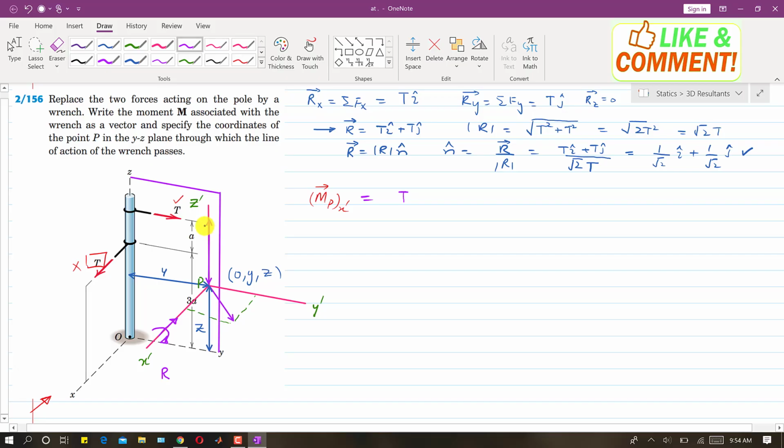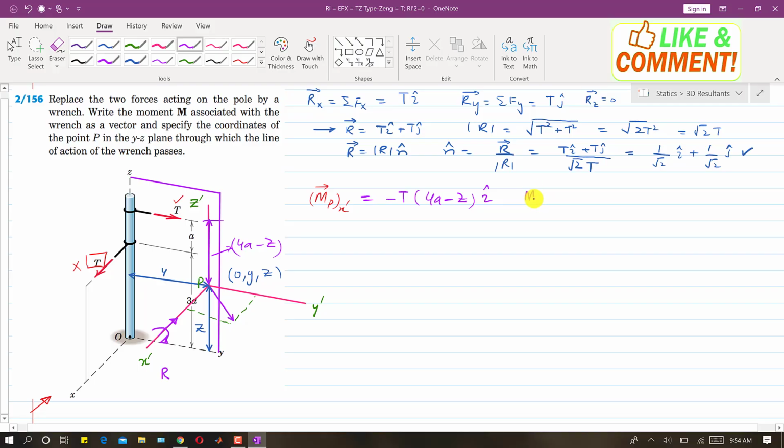So this distance is 4a minus z, right? So we can multiply this t with 4a minus z. So this 4a minus z is the perpendicular distance of this t from this x axis, if we observe this force from this direction, right? And the direction of this is in the negative x dash, so we will write minus i dash.